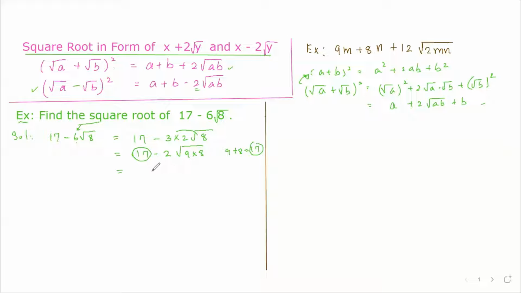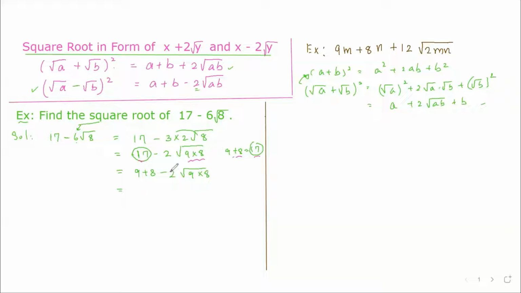So in this case, I can write it down: 17 I can rewrite as 9 plus 8, and negative 2 square root 9 times 8.